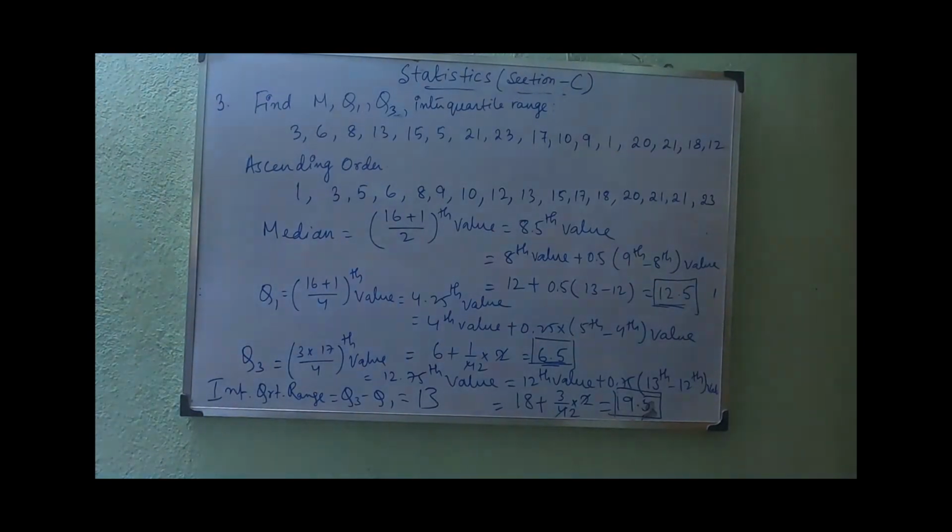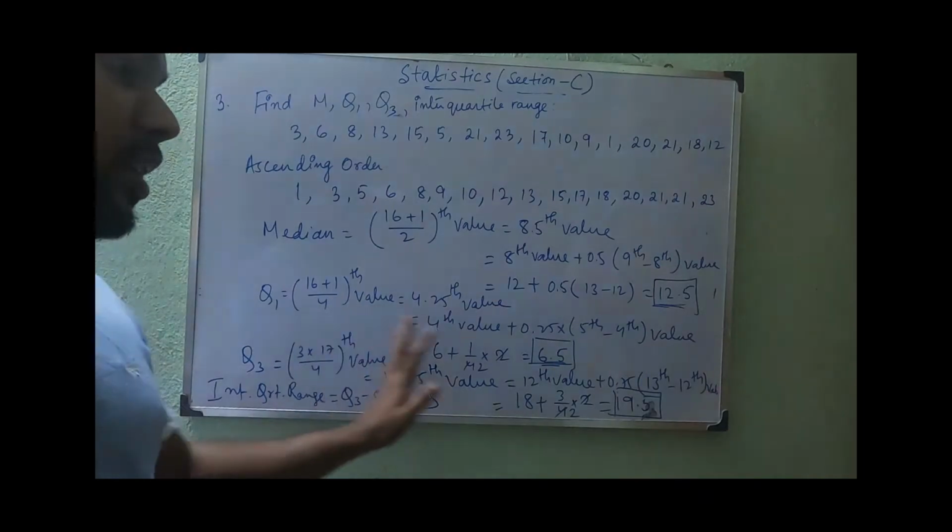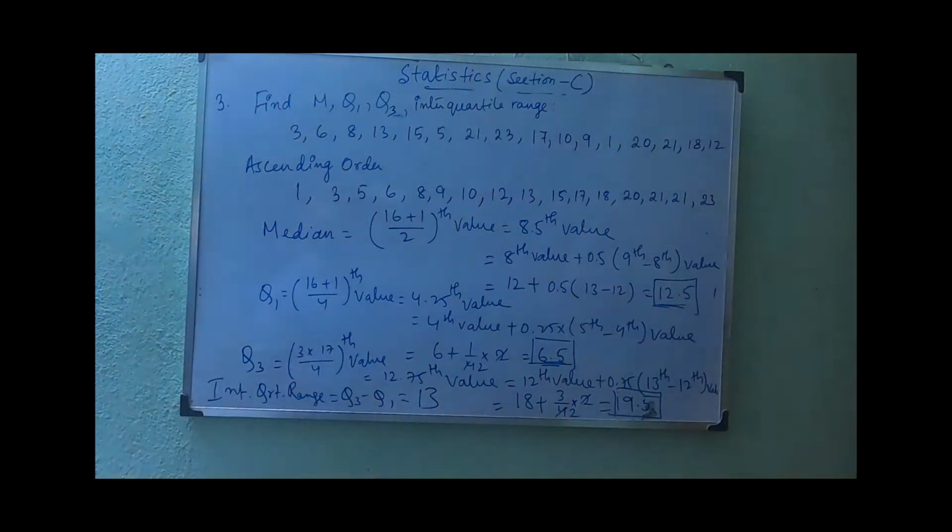Fine. As you can see, it's a very small board, so I am a little bit clumsy, sorry for that, but if you are following line by line, then I hope there won't be any problem understanding.